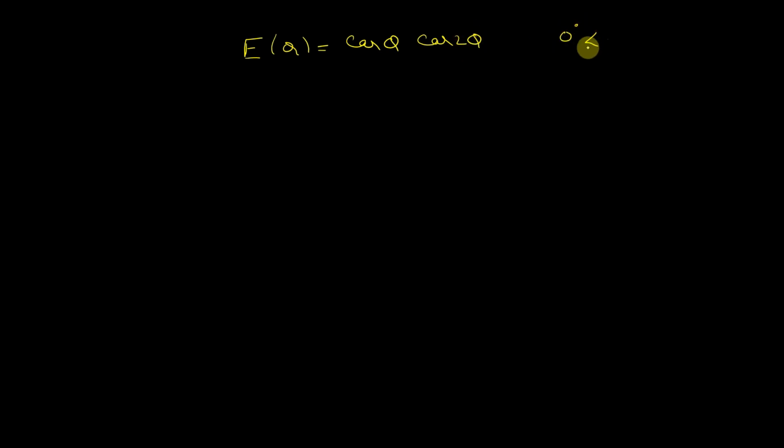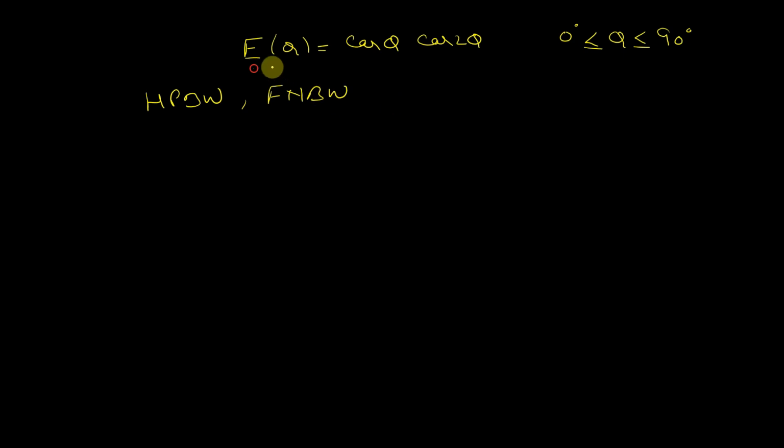Again for this, in this numerical you have to find out half power beam width as well as first null beam width. So we need to find out both.